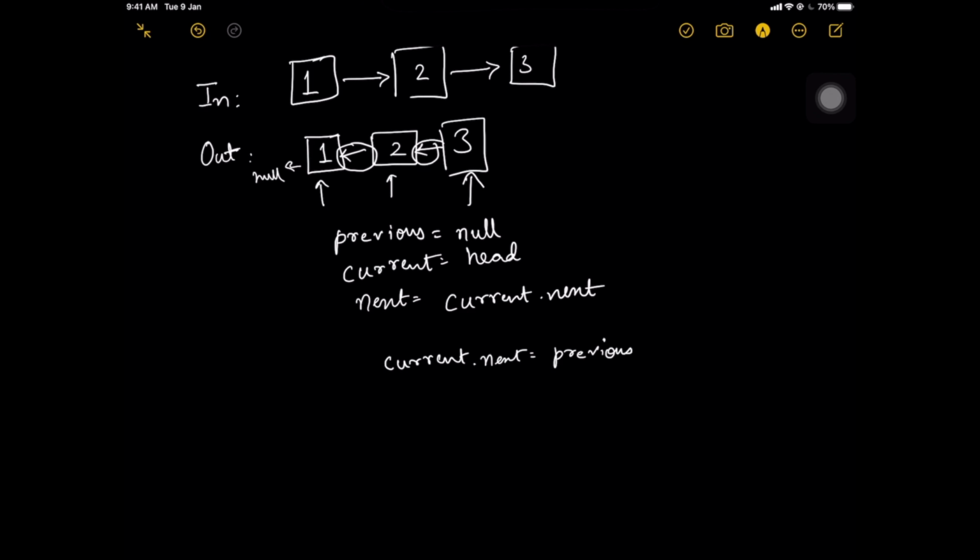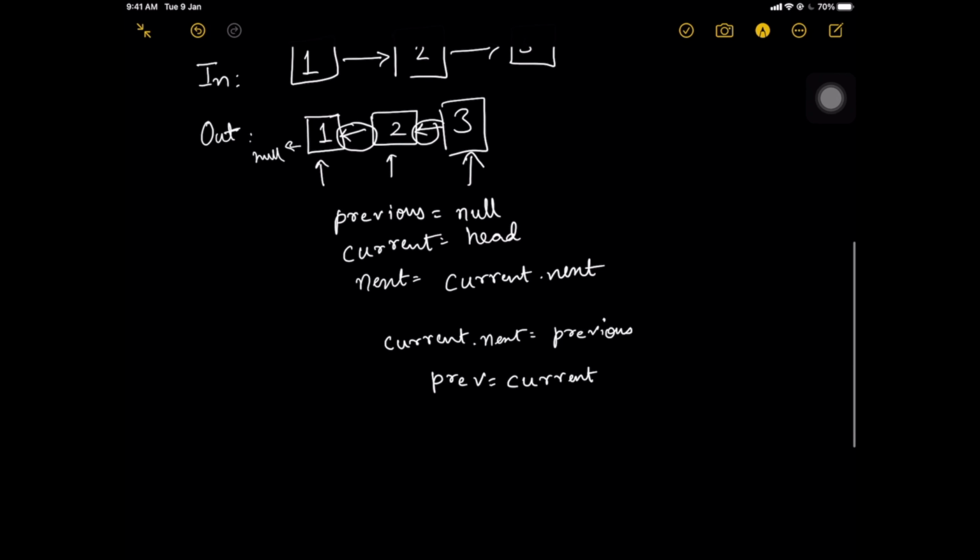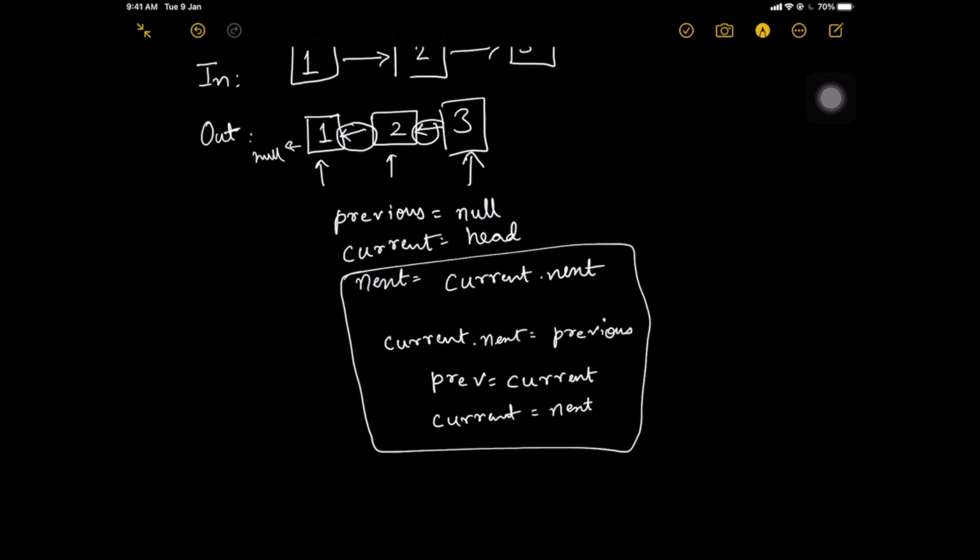We do this, and then we move previous one step ahead, and then we move current one step ahead, which becomes next. Now this whole thing has to repeat until we have nothing in current, right? And what will be our new head?